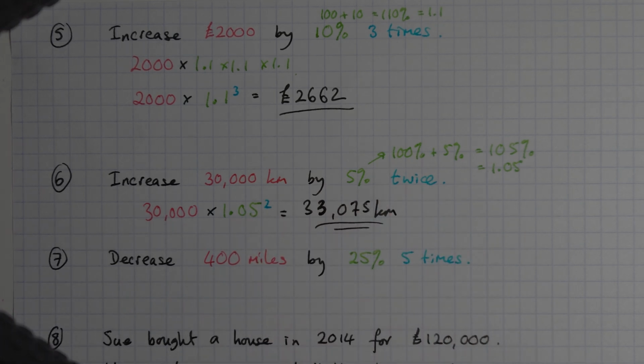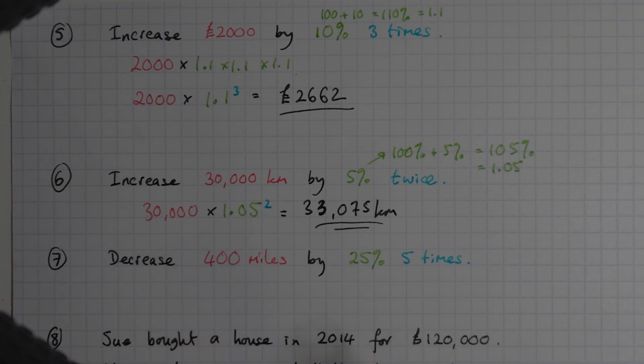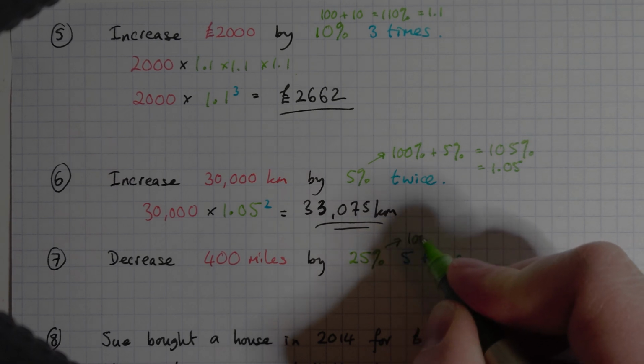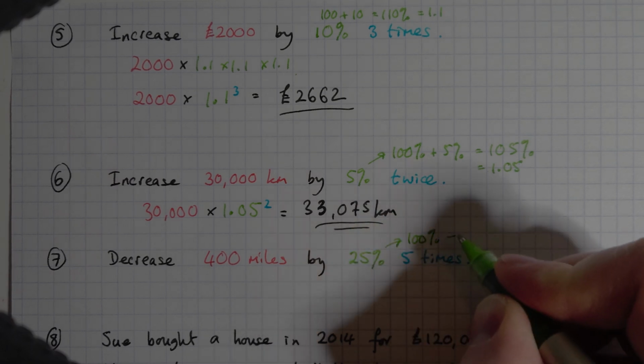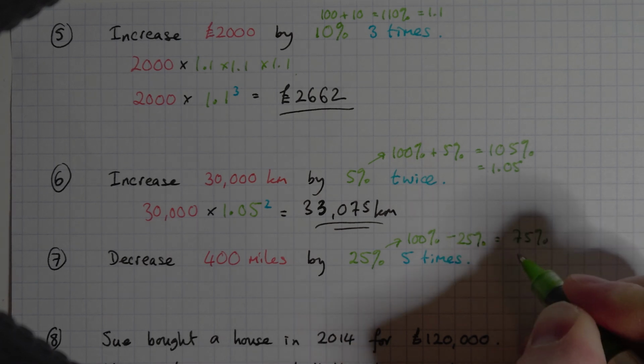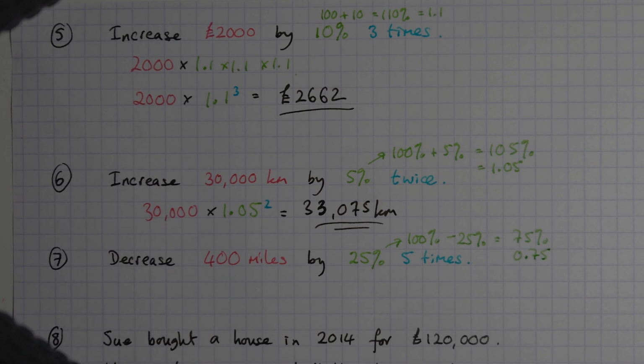Right, this next one is a decrease, but we've seen decreases before. We know how they work. So this 400 miles represents the 100% that I'm starting with, my original, but I'm decreasing by 25%, so I must remember I'm taking this from 100%. 100%, take off the 25%, leaves you with 75%, and that's 0.75 as a decimal, isn't it?